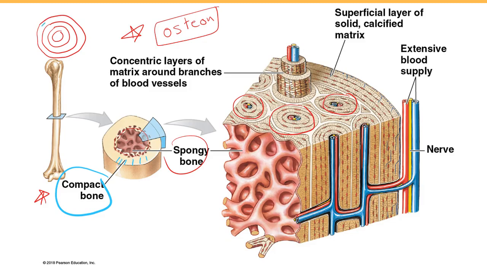We have an osteocyte inside of a space, and this space is called lacunae. So in this drawing of an osteon you can see the repeating units of bone tissue, and at each layer you can find the osteocytes and the spaces called lacunae.